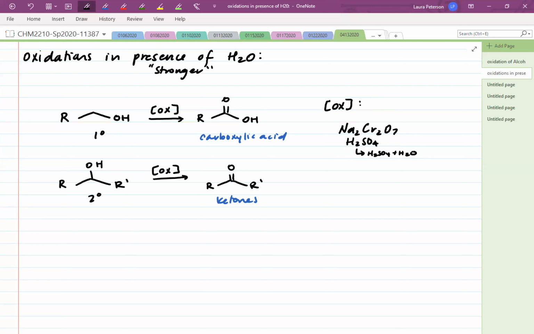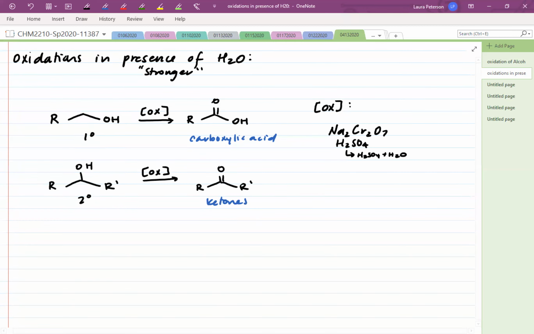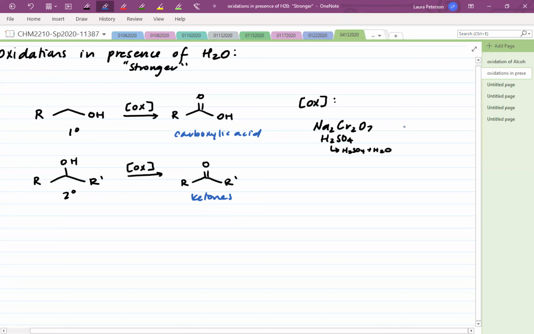So even if water isn't explicitly written, since we're running the reaction in H2SO4, which is a solution made up in water, that's where that oxidations in the presence of water comes from. Okay, so whether or not water is explicitly written, we know that it's within that sulfuric acid, and so this would fall under that category. Okay, so what did I call that? This is called dichromate. Again, this could be sodium or potassium dichromate.